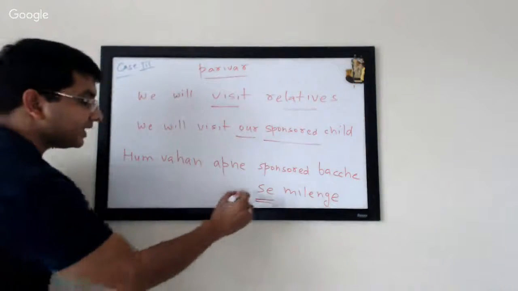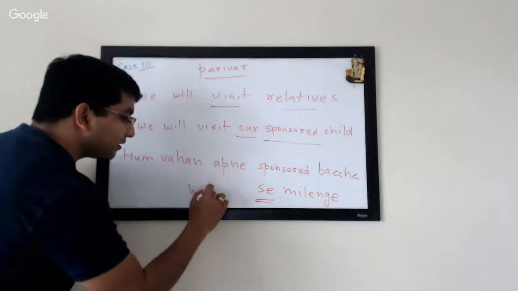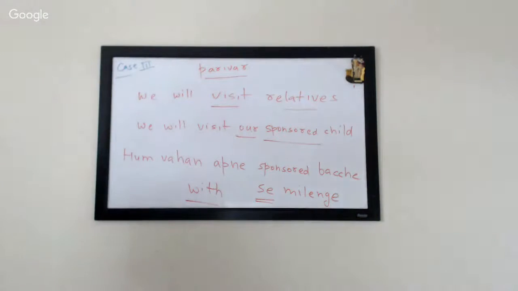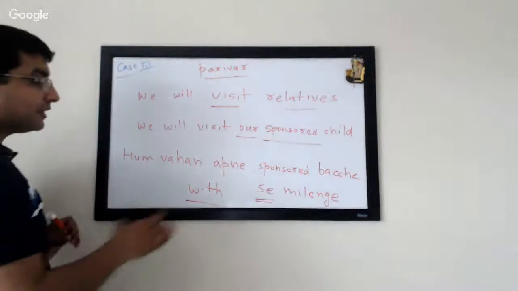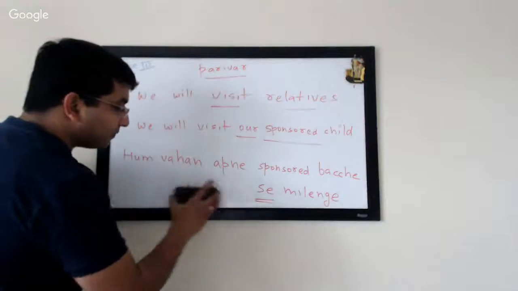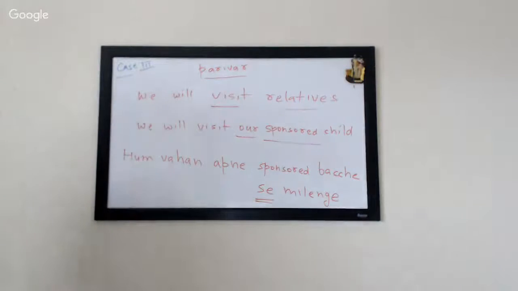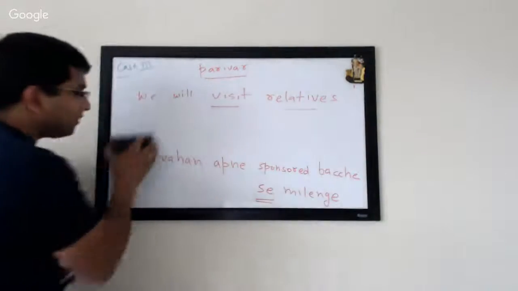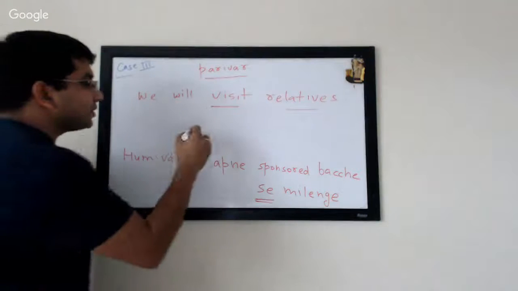Please note that the से here is referring to with, okay, with in English. If you're thinking that I don't see a with here, so that will kind of help you. हम वहाँ अपने sponsored बच्चे से मिलेंगे. Now that this is clear, the word for sponsor, it will not really fit here, but it's prayojit.